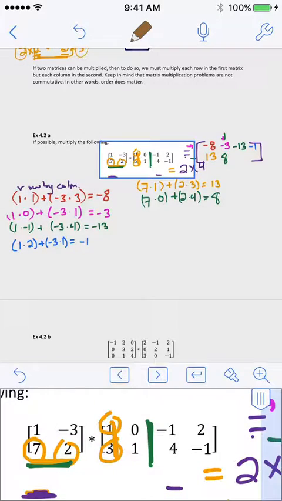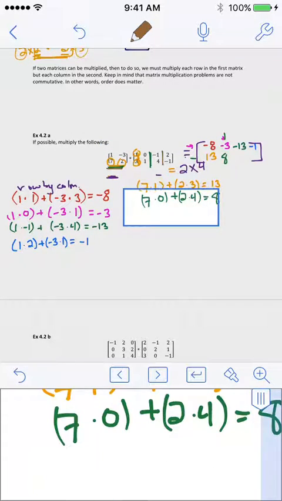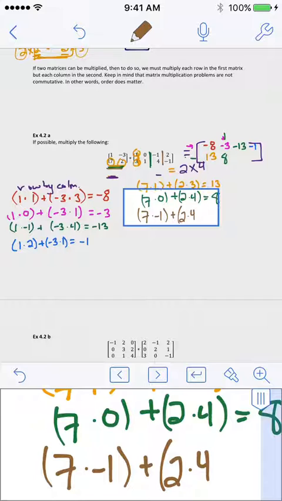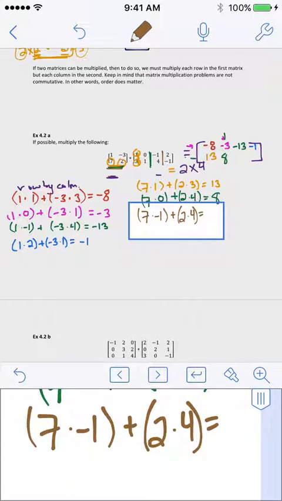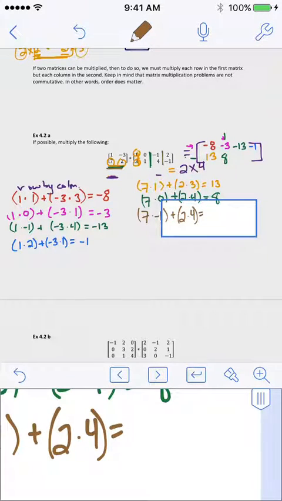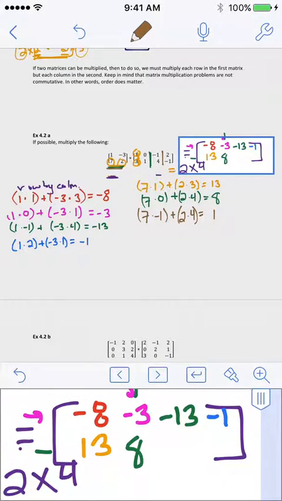And then we'll go to second row, third column, pardon me. 7 times -1 plus 2 times 4 is -7 plus 8, or 1, which is going to give me my next entry.